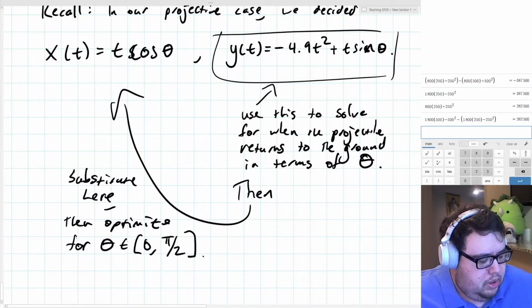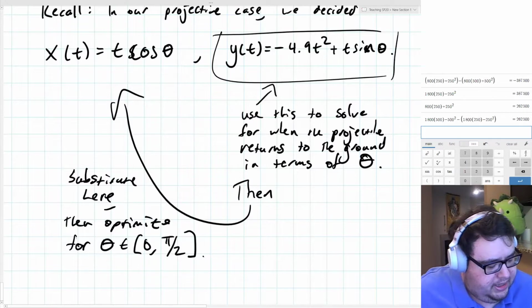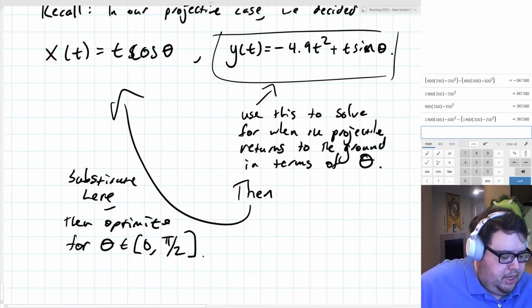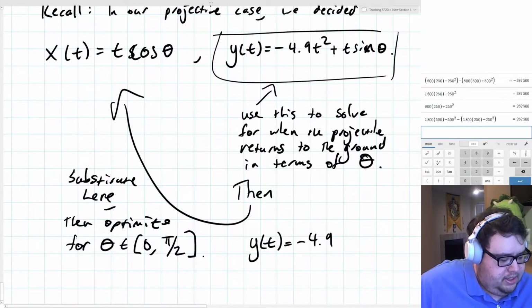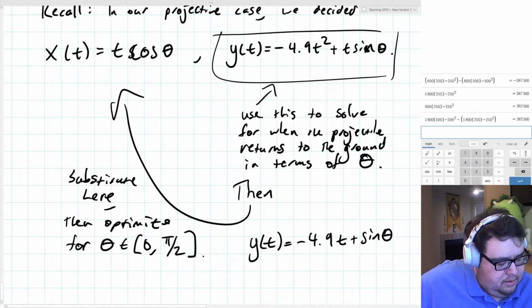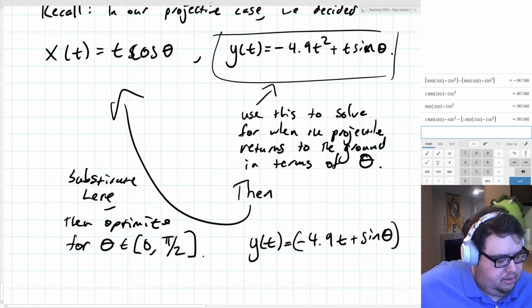So y of t is equal to negative 4.9 t squared plus t sine theta. So that means that y of t is equal to negative 4.9 t plus sine theta times t.